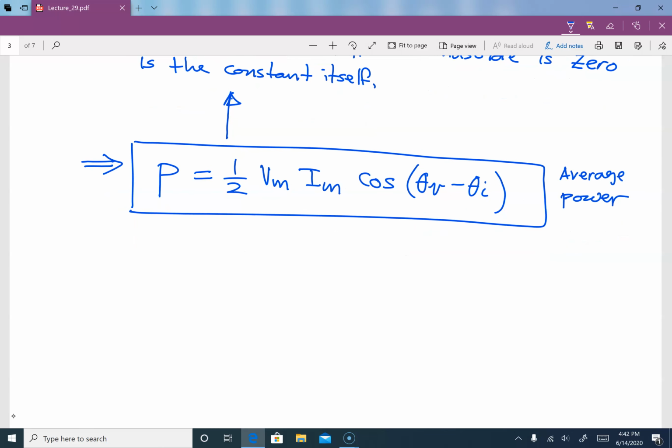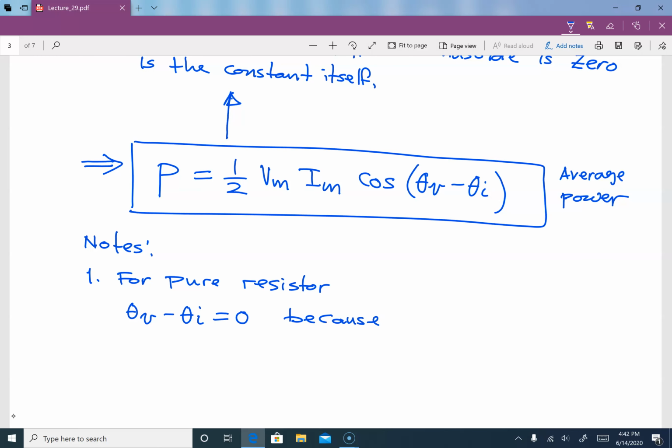So we would like to note the following. The first one, for a pure resistor, theta V minus theta I will be equal to 0. That is because I and V are in phase, so they have the same angle.